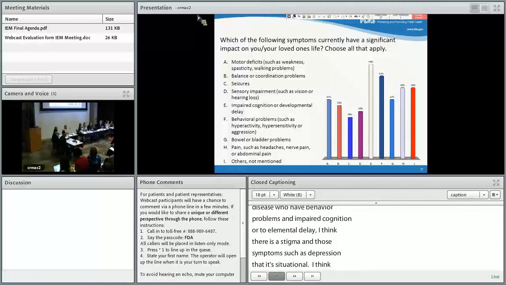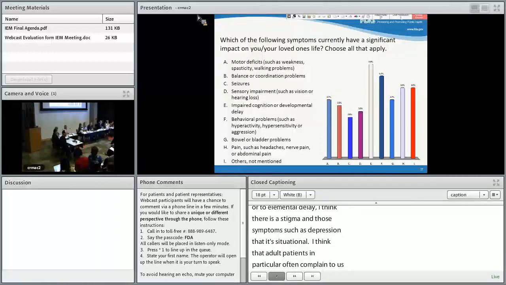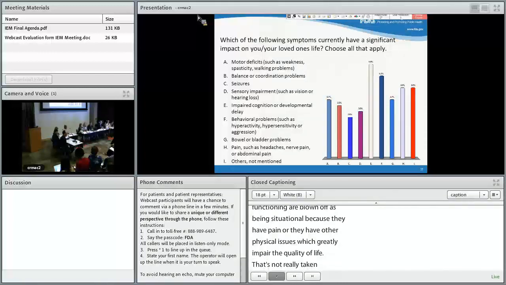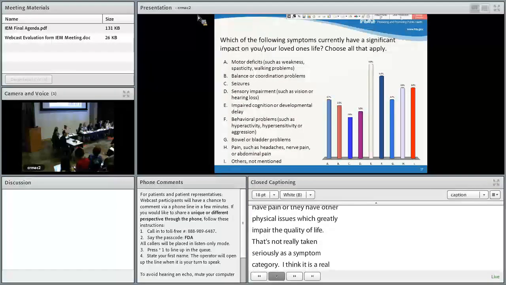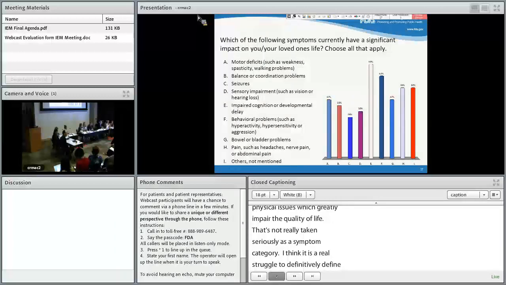And I think that adult patients in particular often complain to us that their depression or their issues with executive functioning are blown off as being situational because they have pain or they have other physical issues which greatly impair their quality of life, and so that's not really taken seriously as a symptom category. And I think that it's a real struggle then to definitively define those behavioral problems and issues that are psychological, such as depression, as true symptoms.